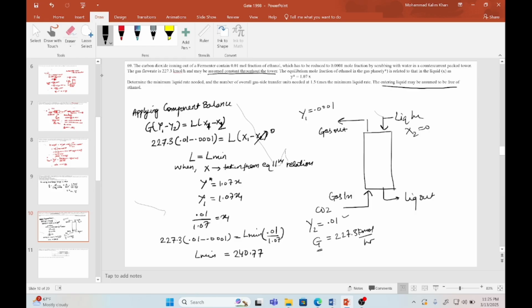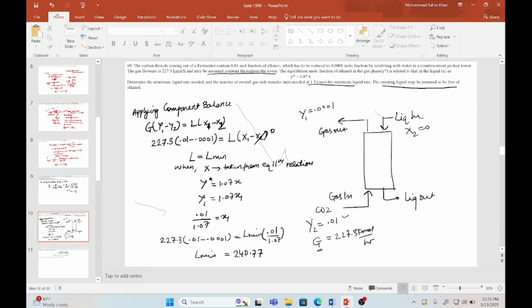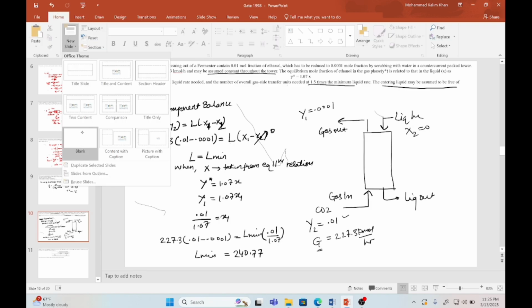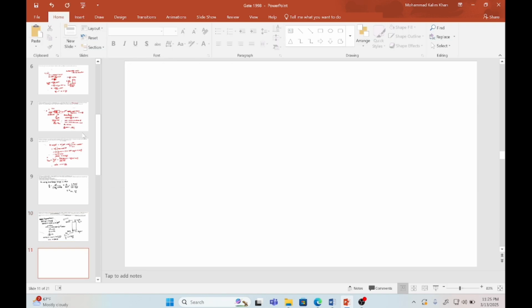Now here it is written, the actual liquid rate is 1.5 times the minimum. So the actual rate Ls is equal to 1.5 times L minimum.